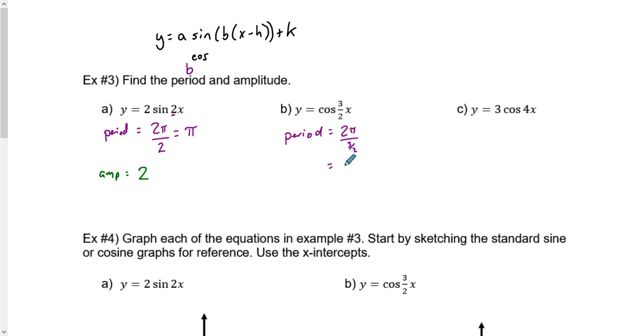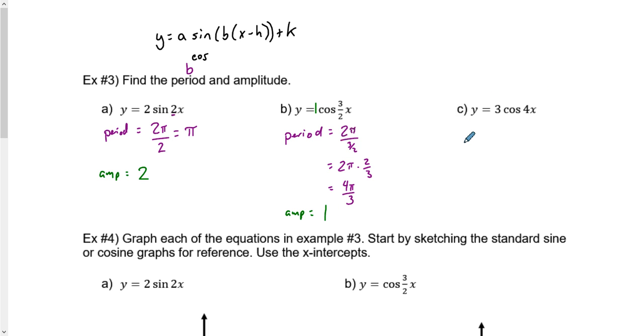Well, dividing by a fraction is a nice grade 8 skill. Dividing by 3 over 2 means multiplying by 2 over 3, which makes it 4 pi over 3. And our amplitude is affected by the a value. Well, there is no a value, which means it's 1.